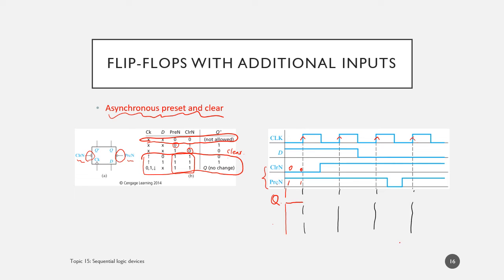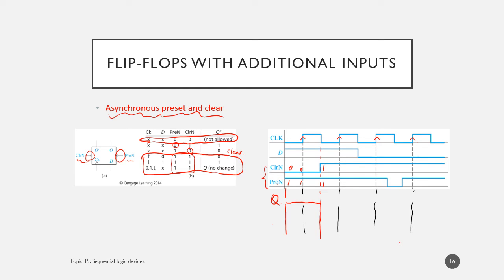Here we know it's 0, 1, so it's still reset. But at this moment, there's some change in the asynchronous input, so we have to check that. At this edge, after this changes to 1, this changes to 1. So 1, 1 means both the inputs are not active.